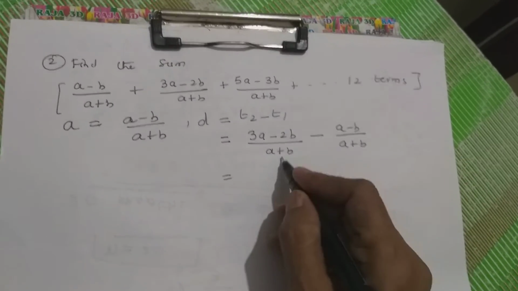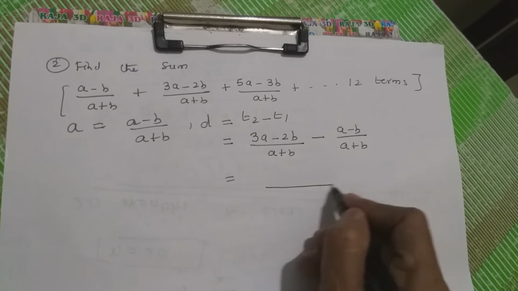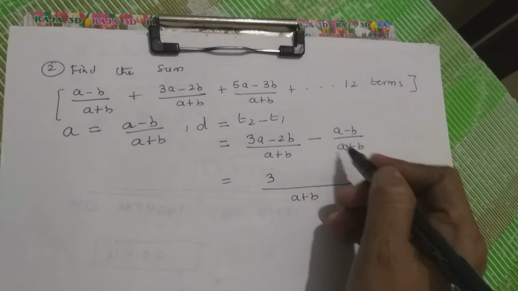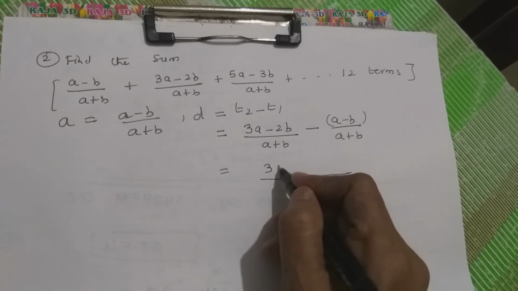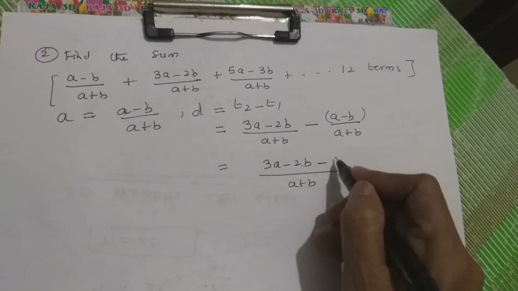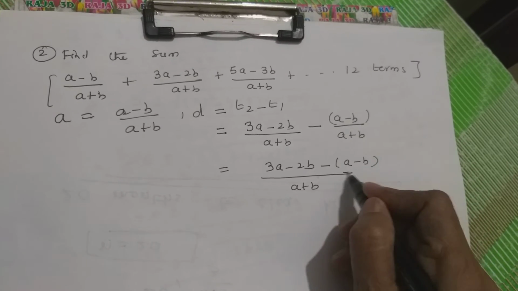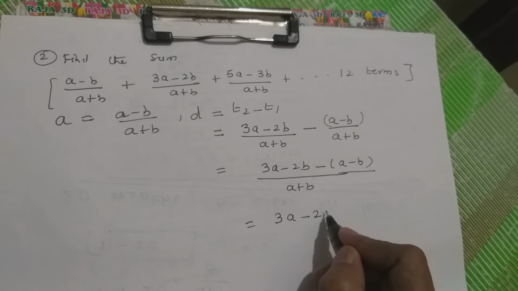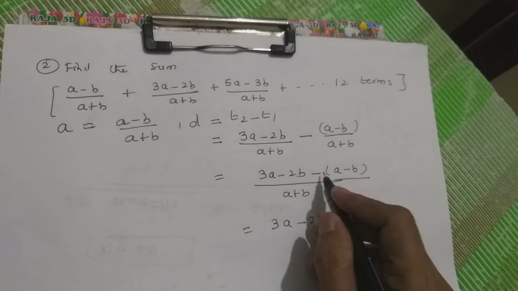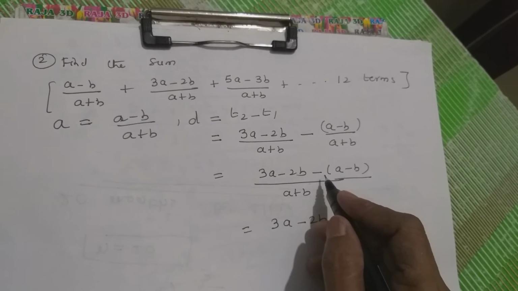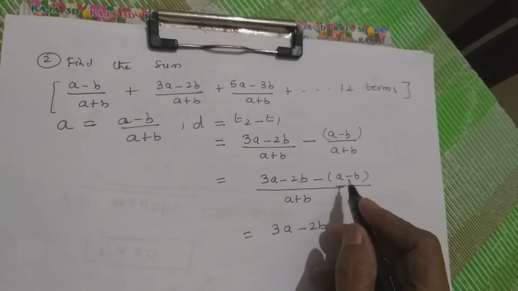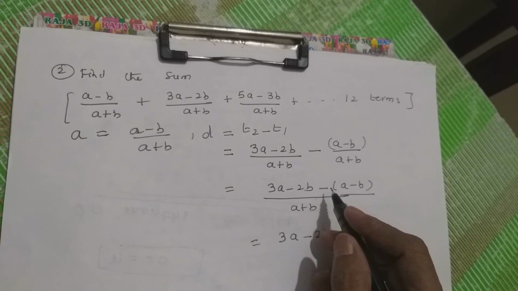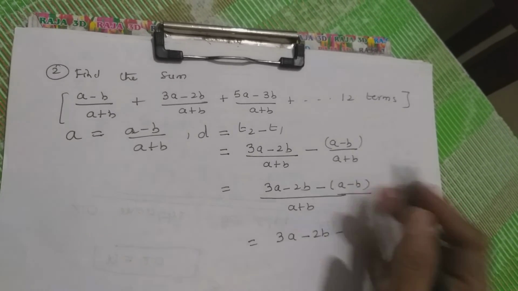Now the denominator is the same, so take it as the LCM and take the numerator as it is. So 3a minus 2b minus of a minus b by a plus b.